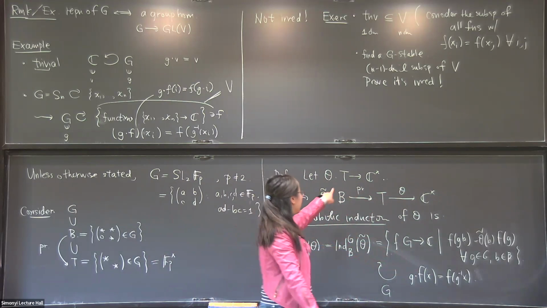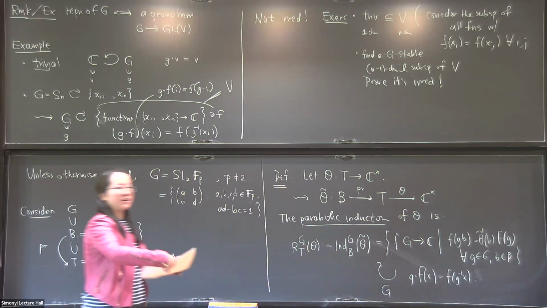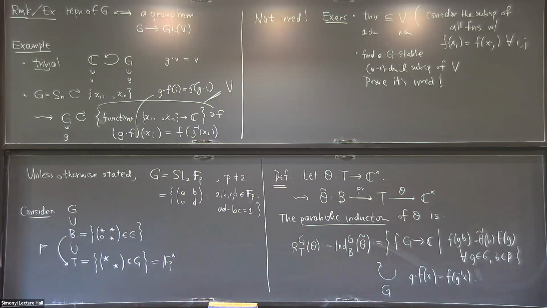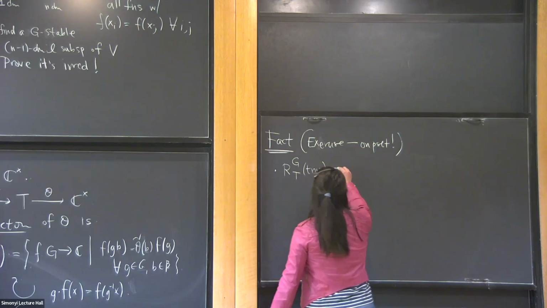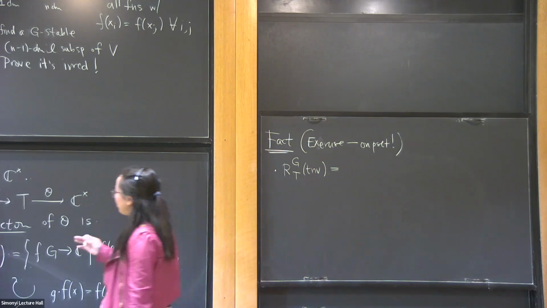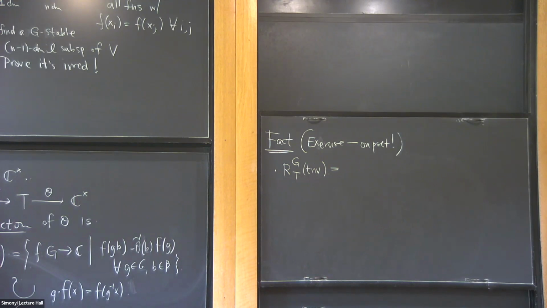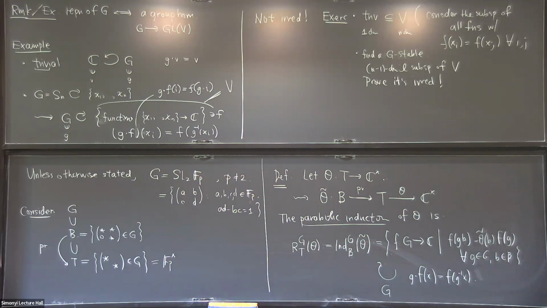And what does that do? That just sends every element of T to 1, because 1 times doesn't change anything. Okay, so this turns out to also contain the trivial representation, and the proof of that has a similar flavor to this exercise over here, even though it's a different group.